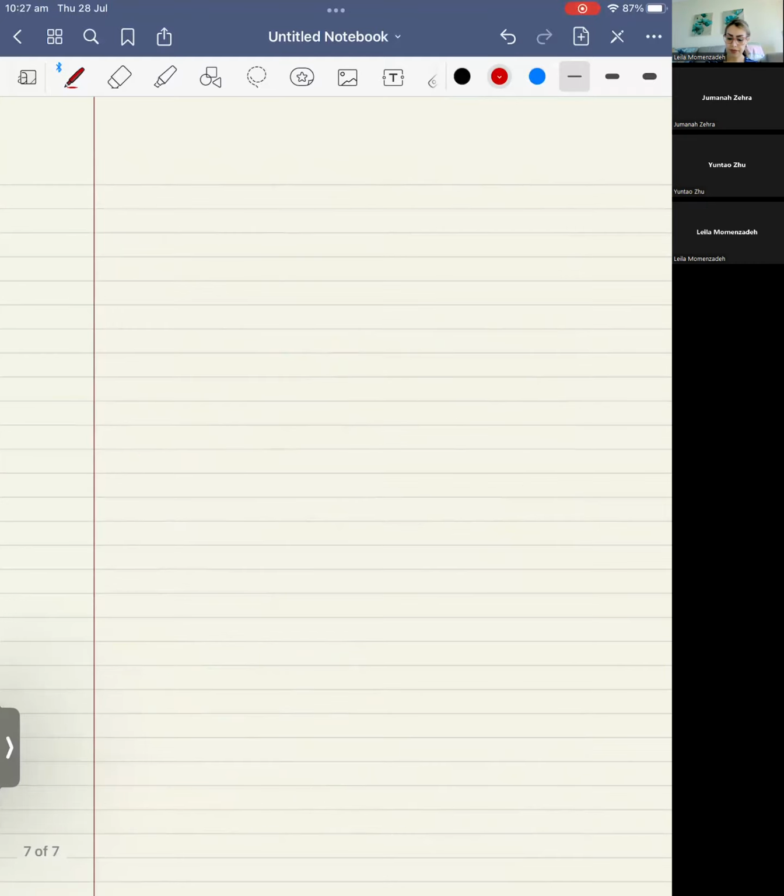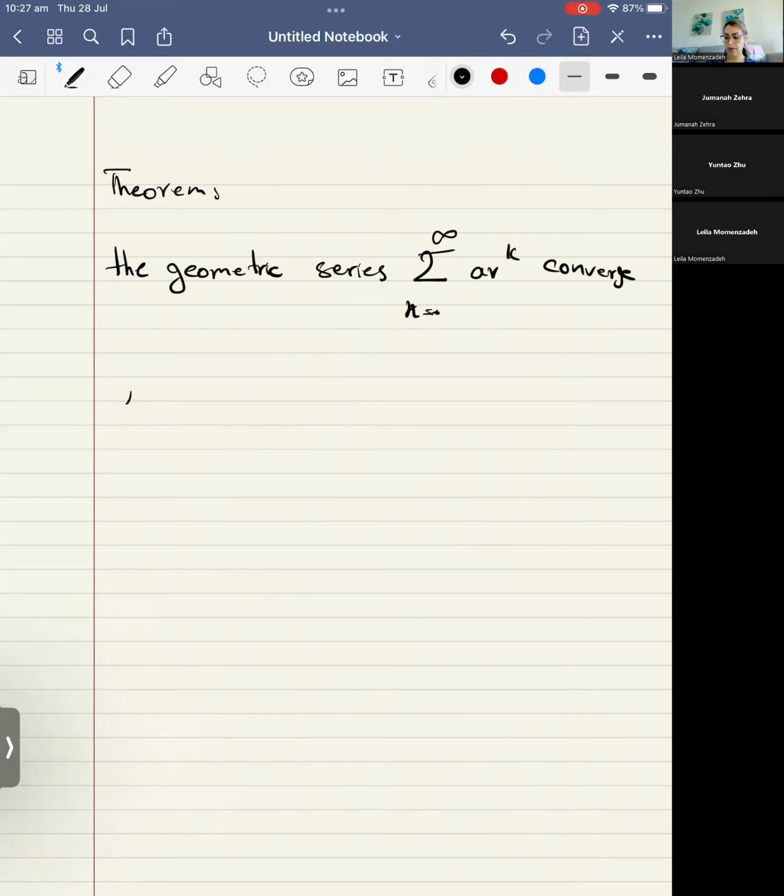This theorem means that the geometric series, the sum from k equals 0 to infinity of ar^k, converges if and only if the absolute value of r is less than 1.